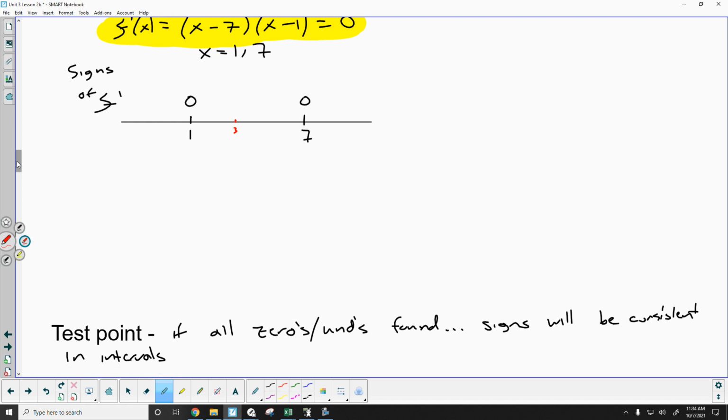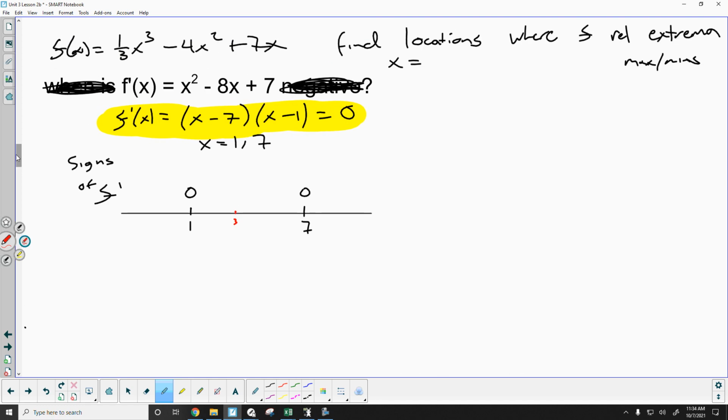How do I find the sign of f prime at 3? Tell your neighbor. Great. Plug it into f prime. Now here's what you all think to do. You think, okay, f prime of 3 is 3 squared minus 8 times 3 plus 7, and I could do that.